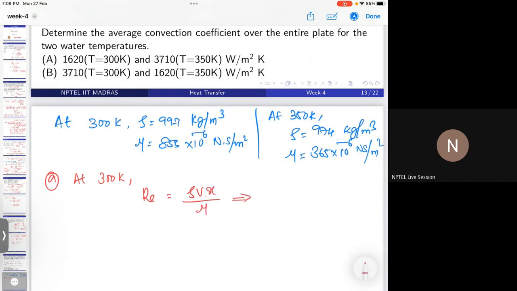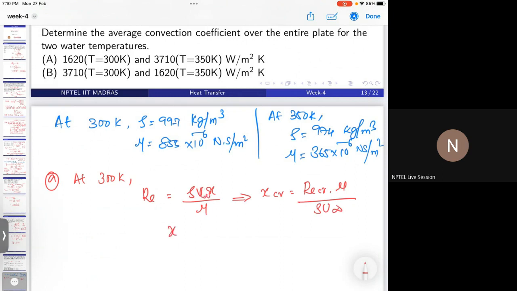So we have to find out the critical length, and check what is the flow regime of the plate. That is the first check. So the critical length is equal to critical Reynolds number times mu divided by rho u infinity.